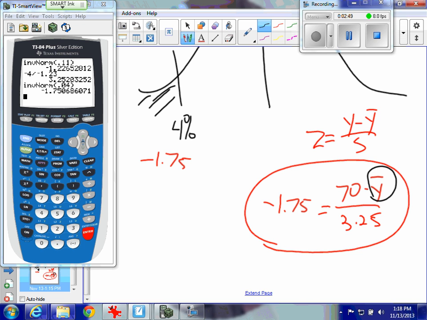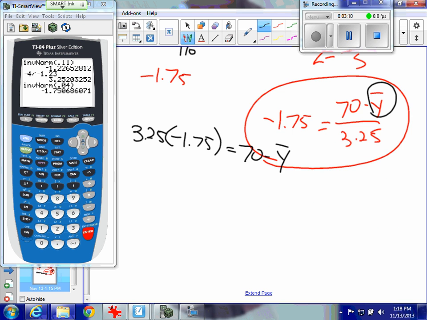Everybody with me? If we just do that, I'm going to get 3.25 times negative 1.75. I'm just multiplying this over to here to get rid of the denominator. Is everybody comfortable with that? Is equal to 70 minus y bar.